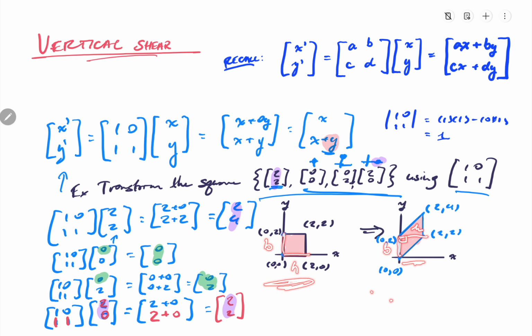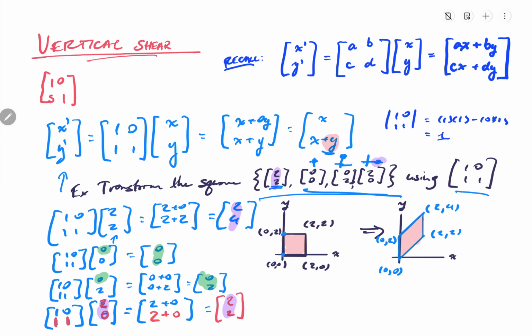And then for a general form, so vertical shear: when I transform my identity matrix, so 1, 0, 0, 1, but with something else instead of 0, I would get a vertical shear.